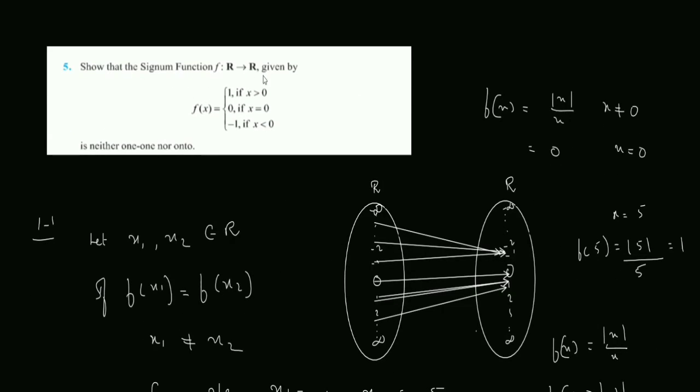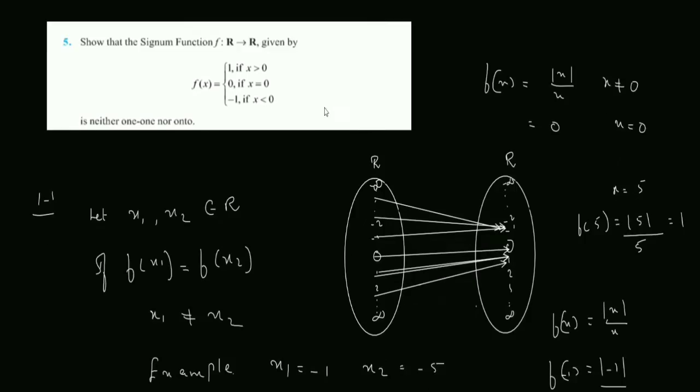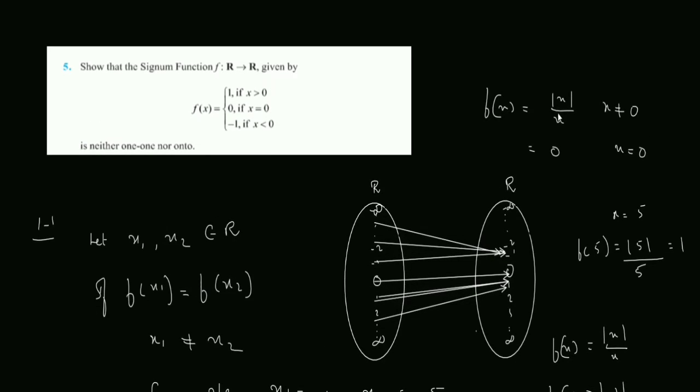Question number 5. Show that the function f of x equal to the signum function, 1 when x is greater than 0, 0 when x is equal to 0, minus 1 when x is less than 0, is neither one-to-one nor onto. The signum function is defined as modulus of x by x when x is not equal to 0 and equal to 0 when x is equal to 0. So you take some negative number or positive number, put x equal to 5.